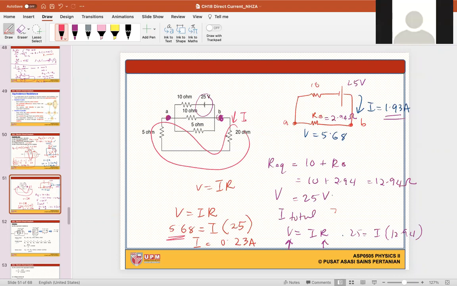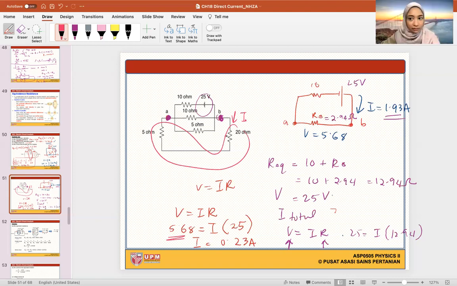It represents the voltage for the series circuit.